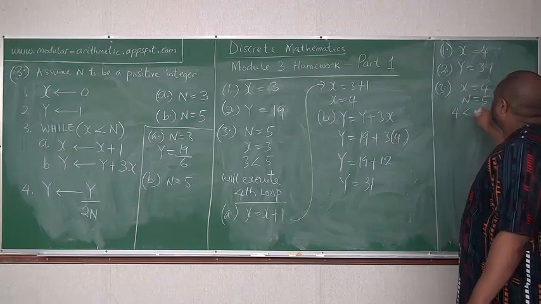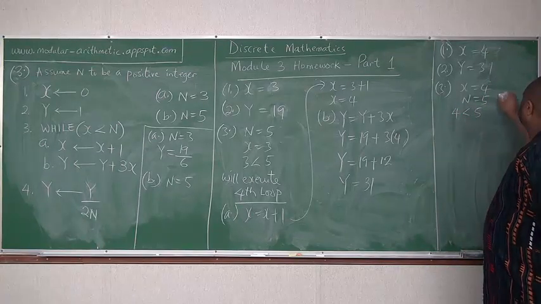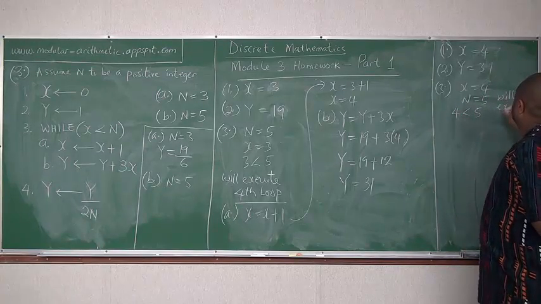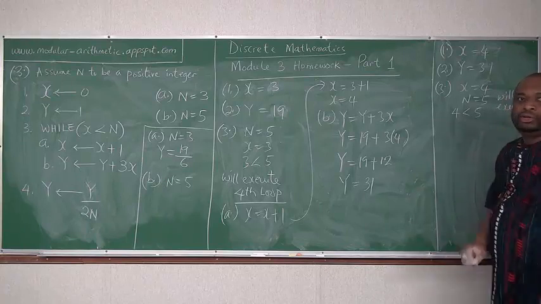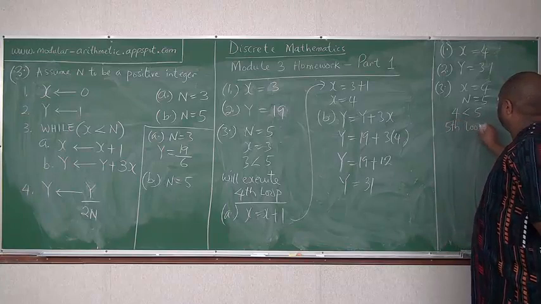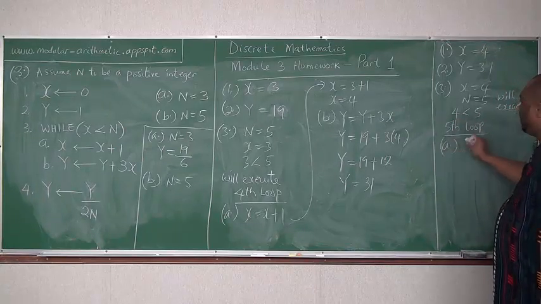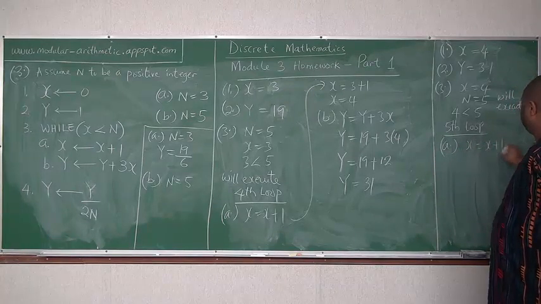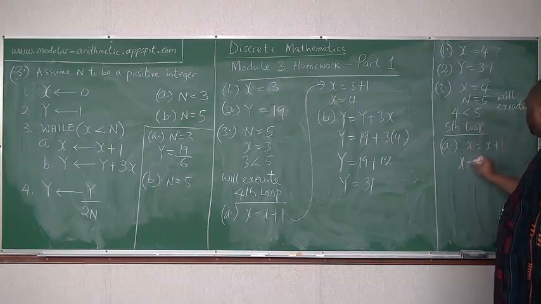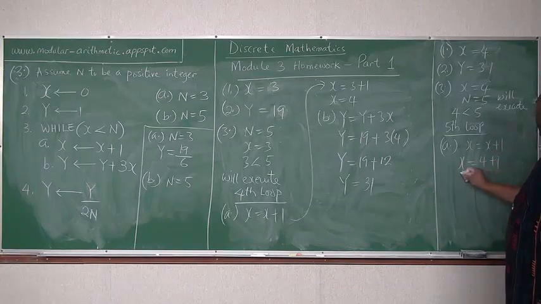so 4 is less than 5. This will execute, the code will execute, and this will be the fifth loop. So A, x will be x plus 1. So our x will be 4 plus 1, and our x is 5.